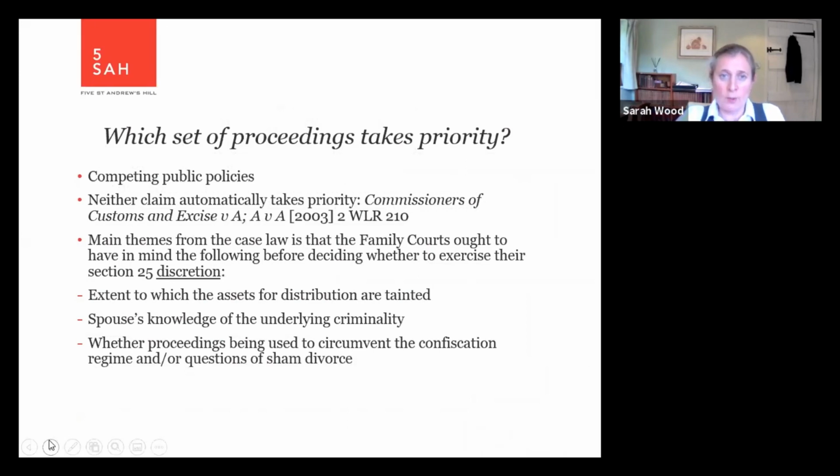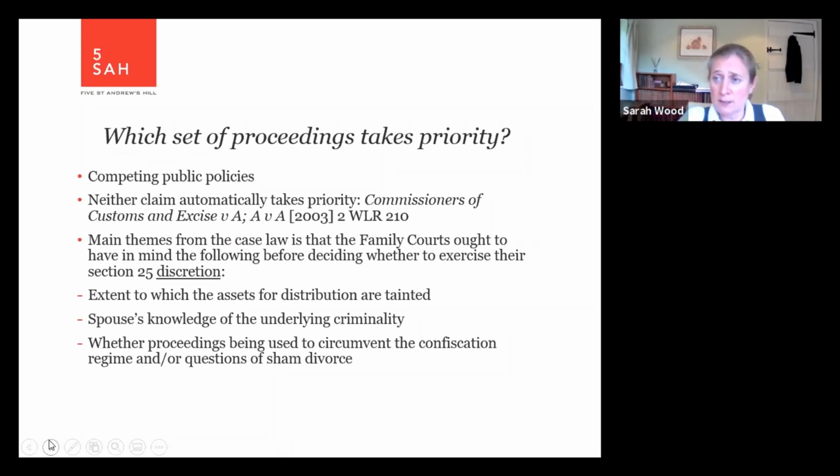So let's say you have, running alongside each other, proceedings in the Crown Court for a confiscation order against the defendant, and at the same time you have one party, let's say, the wife, who has issued divorce proceedings against the husband and is now at the stage of embarking upon financial remedies proceedings against the husband. The question that will inevitably arise is which set of proceedings takes priority.